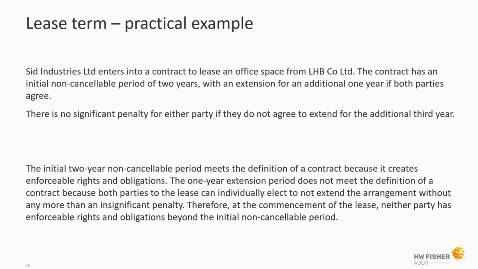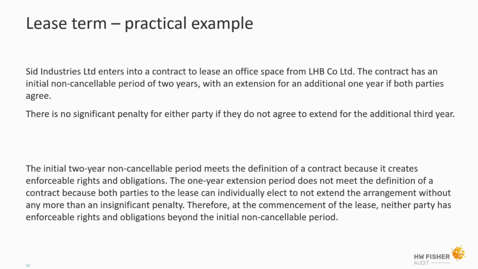SID Industries here enters into a contract to lease an office space from LHB Co Limited. The contract has an initial non-cancelable period of 2 years, with an extension for an additional 1 year if both parties agree. There is no significant penalty for either party if they do not agree to extend for that additional third year.